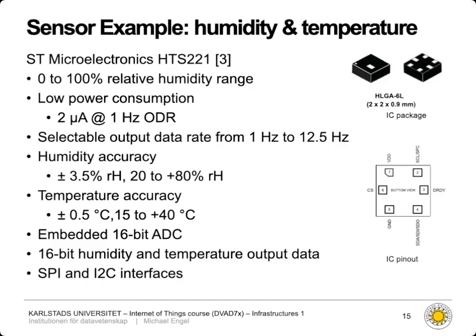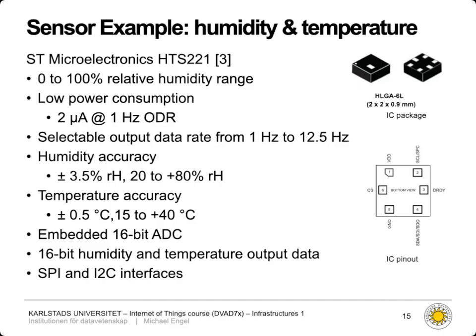When you try to solder it by hand, that's almost impossible, and you tend to lose it on the floor. It has very few pins. It has a serial interface and supports SPI as well as I2C interfaces, so it's flexible. It can measure humidity between 0 and 100%. It's made for wireless applications, so it has low power consumption.